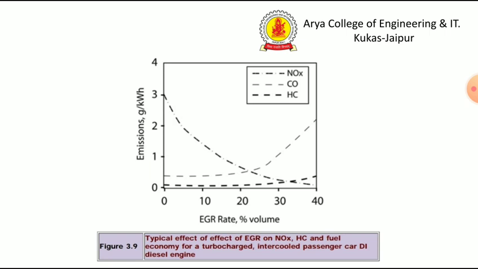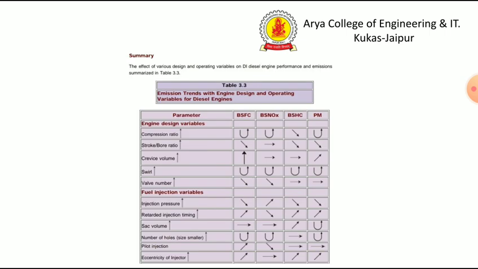So an EGR rate of 20 to 30% is suitable for the reduction of all three pollutants. This shows the various brake specific fuel consumption, brake specific nitrogen oxides, brake specific hydrocarbons, and particulate matter formation with the effect of the engine design variables, fuel injection variables, and operating variables.